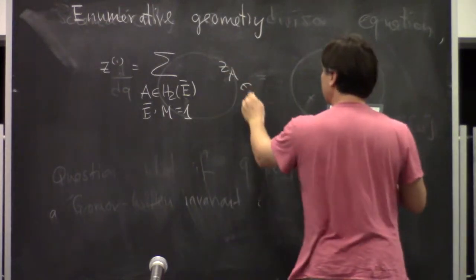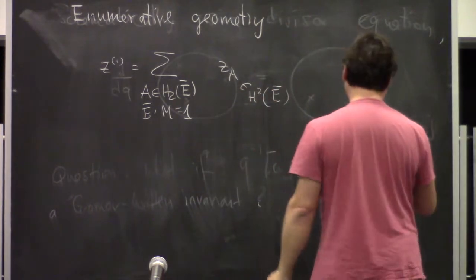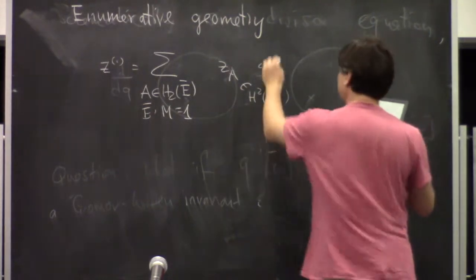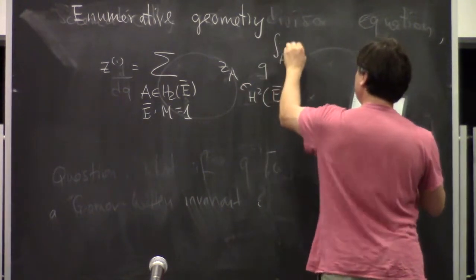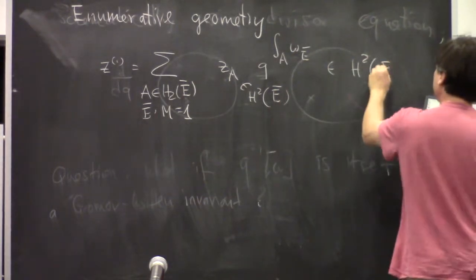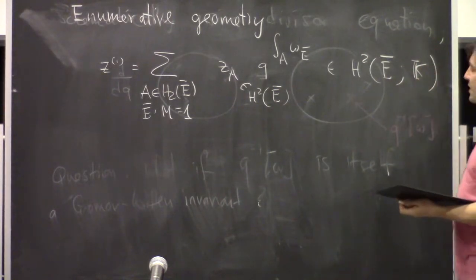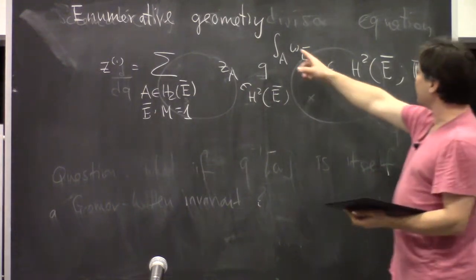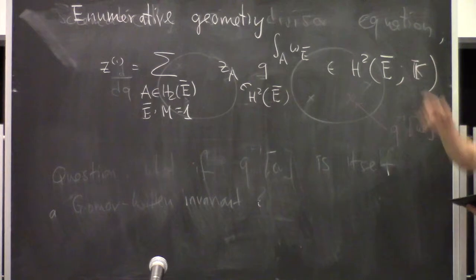In fact, there's the cycle that the section spans, which is some multiple of A, and then you integrate this against the usual Q component. So this is an element in the second cohomology with coefficients in this script K, that's my coefficient field. It's some field with a Q in it. If everything were integral, you could take this to be the Laurent series field. If not, you have to allow fractional or real exponents of Q.